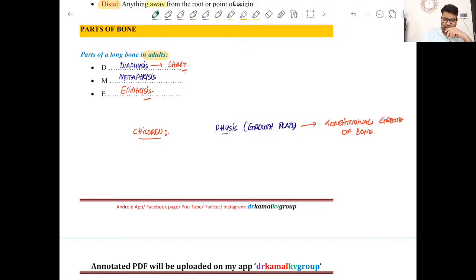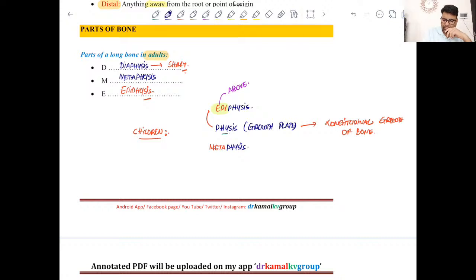Now the area above this is known as epiphysis. Clear? So the word epi means above. Then there is one more area below physis, and that is metaphysis. Clear?